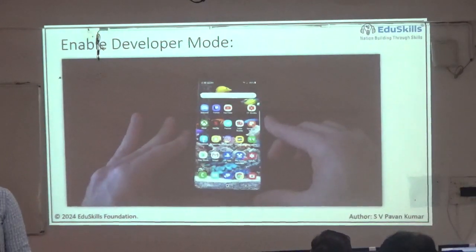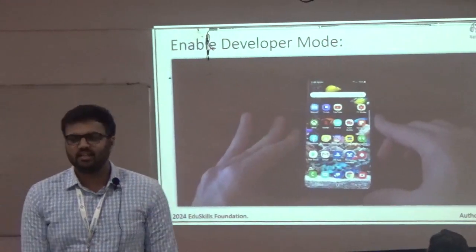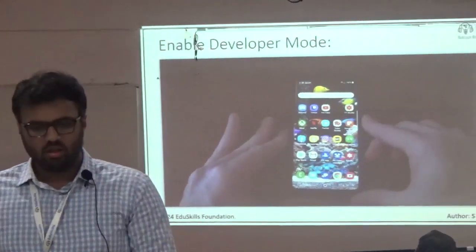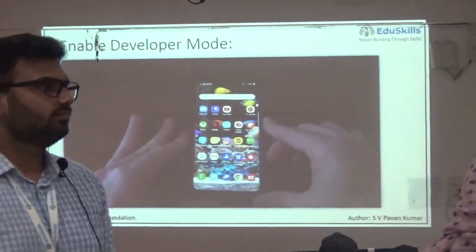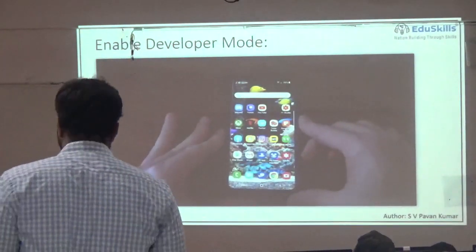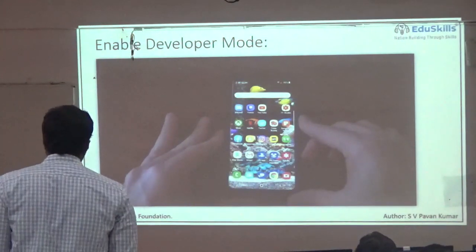Please open your phone. Open settings in your phone. Go till the end. At the end, you will find About phone.